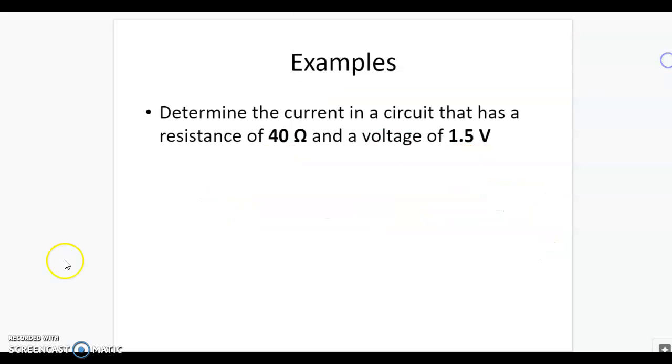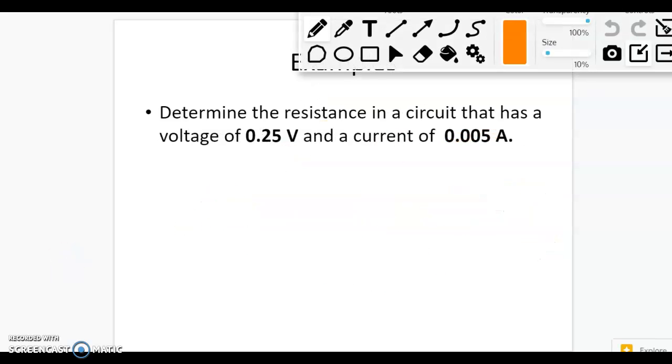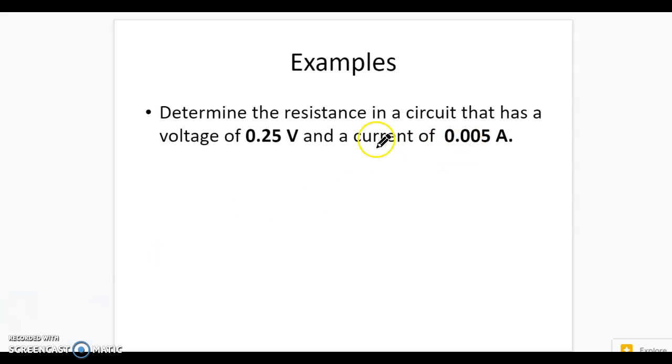I'm going to show you just one more. So here we go. It says determine the resistance of a circuit that has a voltage of 0.25 volts and a current of 0.005 amps. And so when we're solving it, we need to recognize what we have. Here's my voltage. Here's my current. Remember, I represent my current with the letter I. I'm going to solve for the resistance.